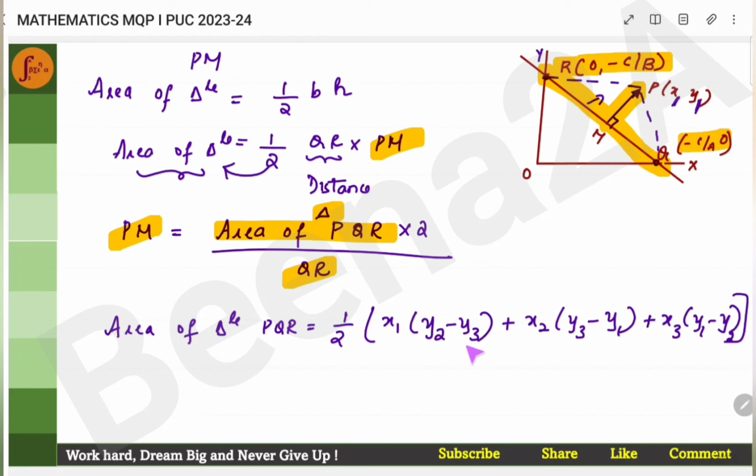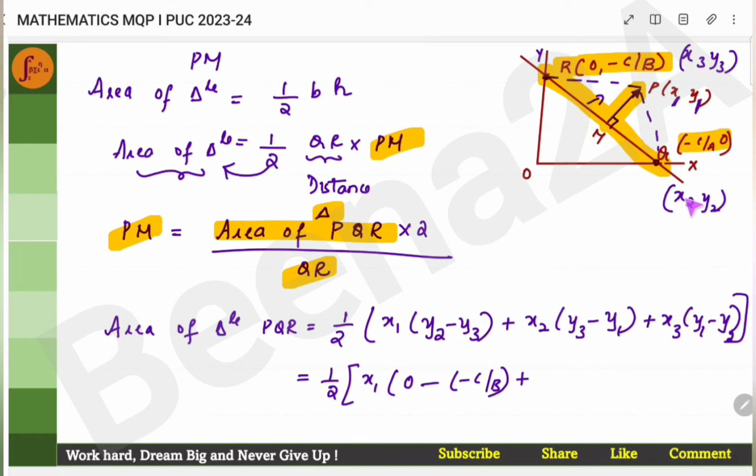Now we'll substitute these three coordinates. We can call this x1, y1, this one x2, y2, and this one x3, y3, the R coordinate. Now instead of x1, we'll leave it as x1 itself. Instead of y2, we have 0. Instead of y3, we have minus c by b.